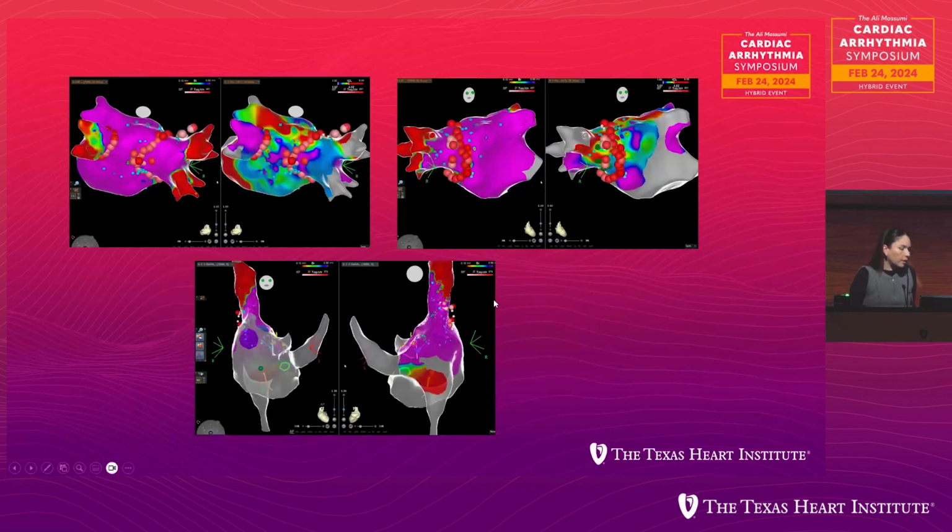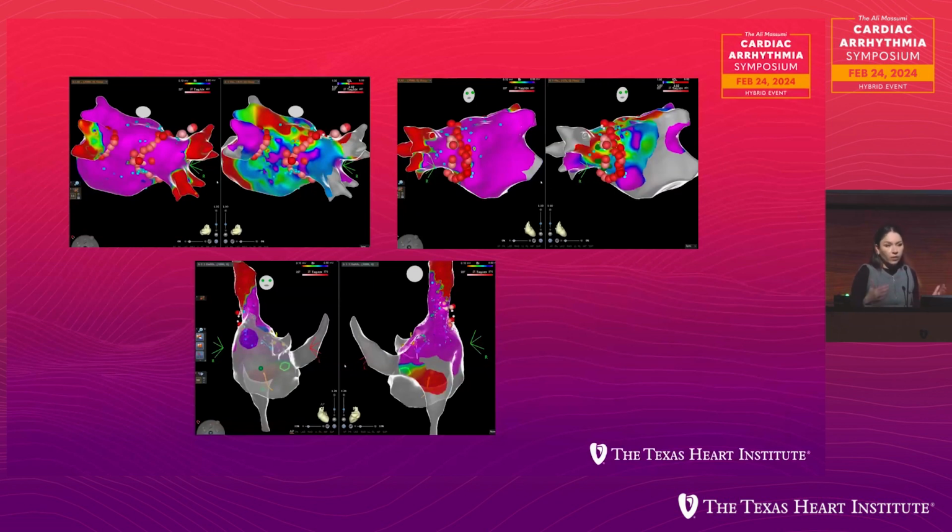So we went in there, I did the PVI, but I also targeted, as we said, those GPs, and got great results: acute endpoints on the increase of heart rate, PR was shorter, all the things, atropine, at least acutely. I said, okay, so we'll see what happens.